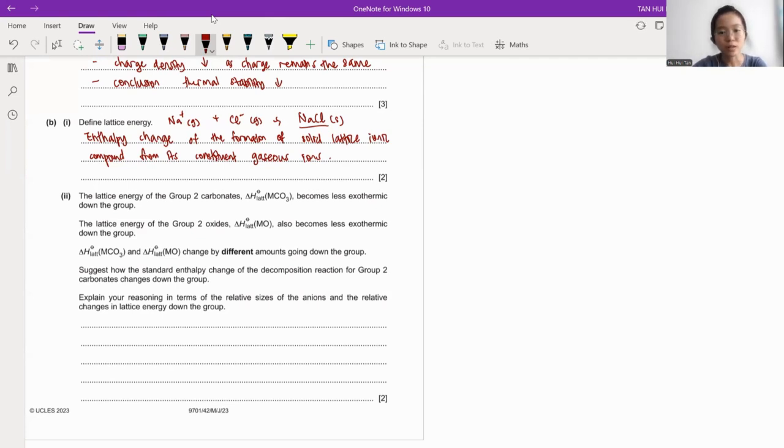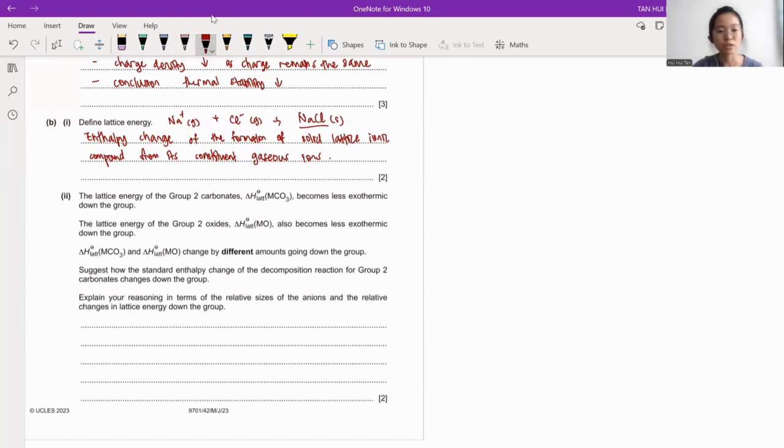If it's just Na becoming Na plus, this is the first ionization energy of sodium. So don't mix it up, and then you'll get the 2 marks here easily.